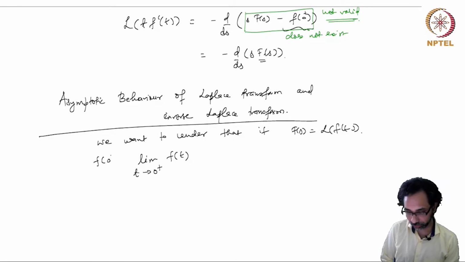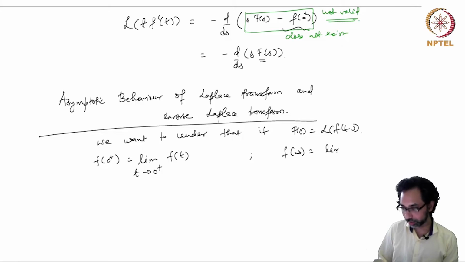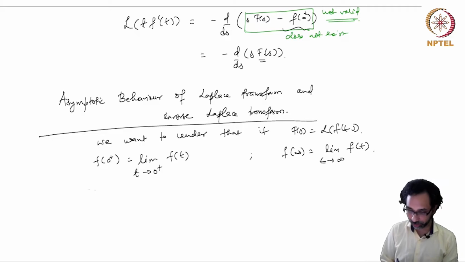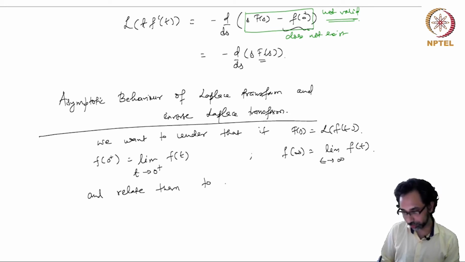So this is f(0 plus). Then we want to consider f(infinity), which is the limit as t goes to infinity of f(t), and relate them to limits involving F(s).